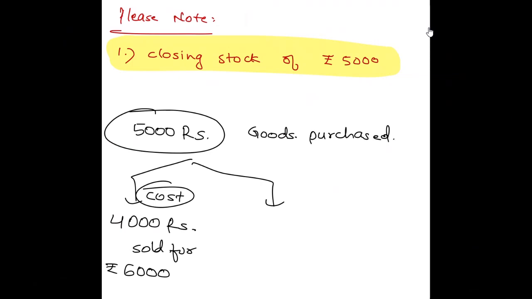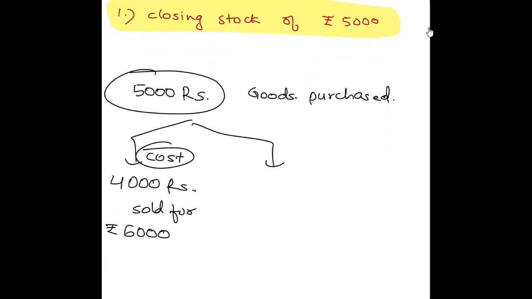Let's take not 6,000, but take it as 7,000. It is sold for how much? 7,000. So tell me how much goods is left? How much cost of goods is left? It is a very simple calculation. Come on, everyone, tell me how much cost of the goods is still left with me?